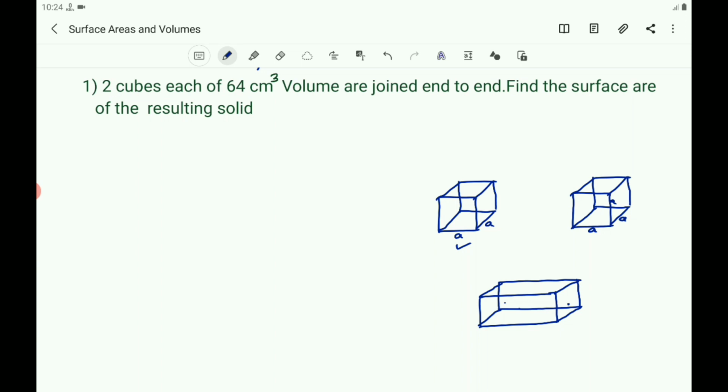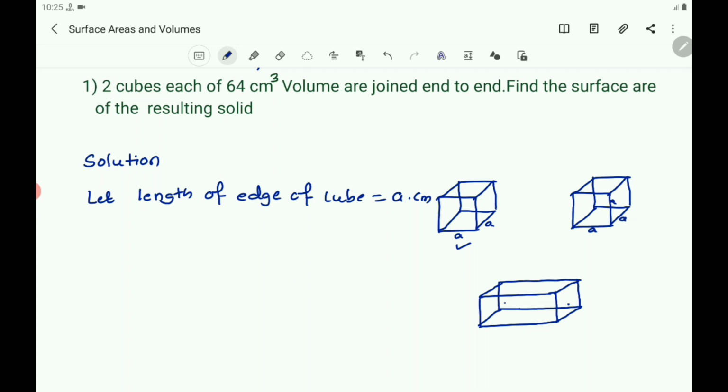Now, you take the solution here. Let the length of the edge of a cube be A centimeter, and the volume is given, that is 64 cm cube.